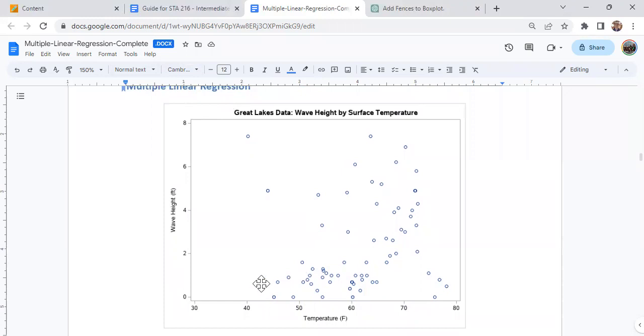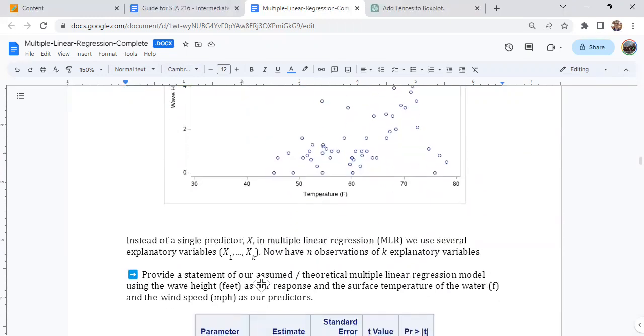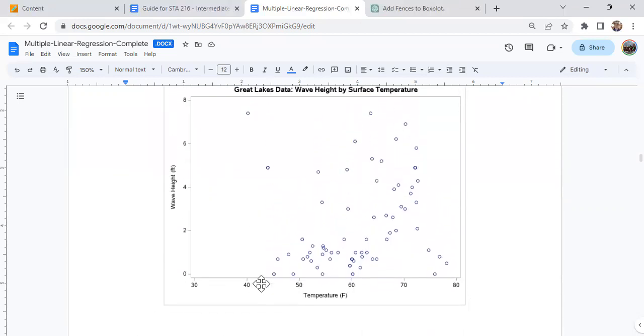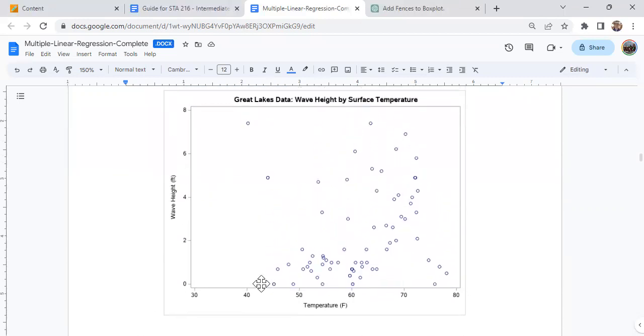So here, for example, we can look at a plot of the temperature recorded by the buoy and the peak wave heights. How is this looking relative to the wind speed and the wave heights? Yeah, not as much of a relationship going on, which, thinking about how waves work, is probably not surprising.